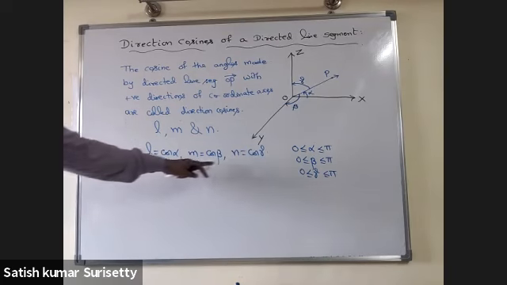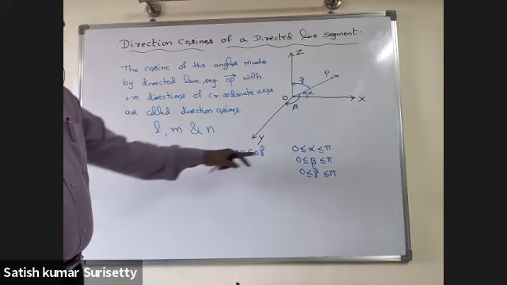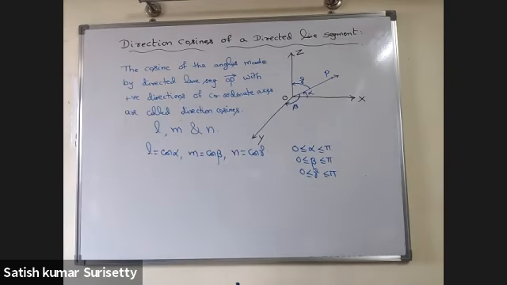So here L, M, N are the direction cosines and alpha, beta, gamma are the direction angles of OP bar with respect to positive x-axis, y-axis and z-axis.